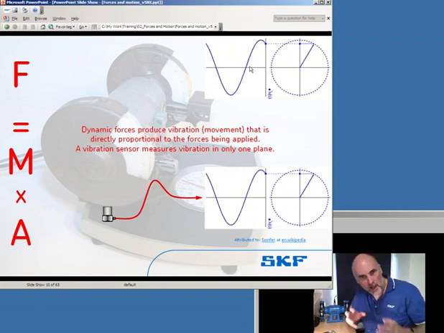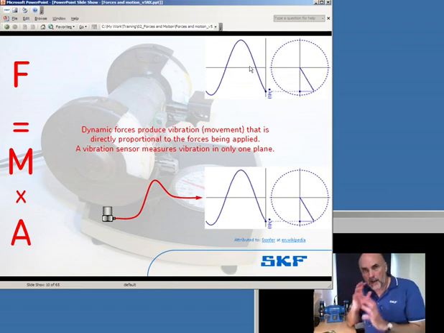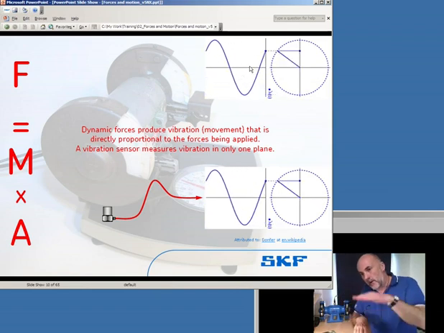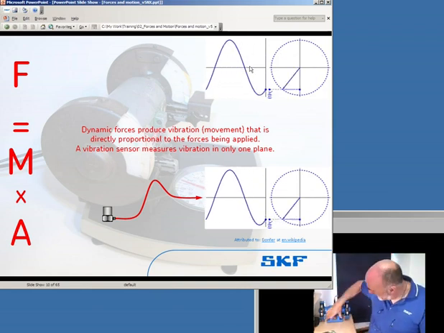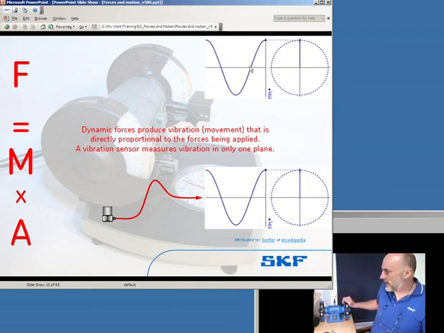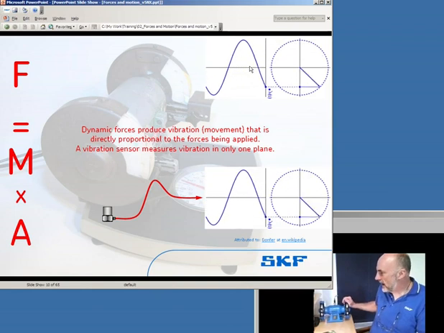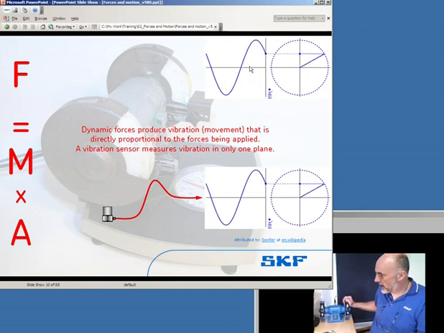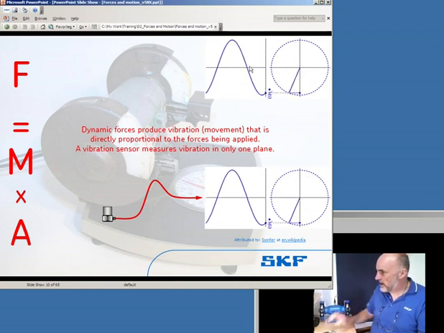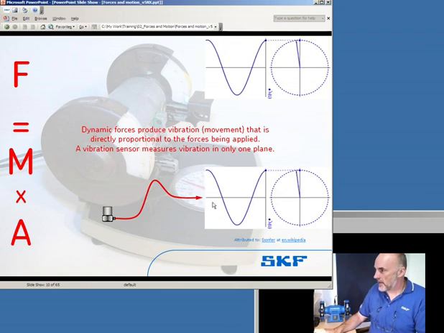Now, any mechanical tolerances in the build of your machine that allow movement, you're going to get movement that corresponds to the direction of the force being applied. So if this machine isn't bolted down onto my desk, it's free to move. As I spin this machine up, it is now going to start moving on its foundation, and I can measure that with my accelerometer.